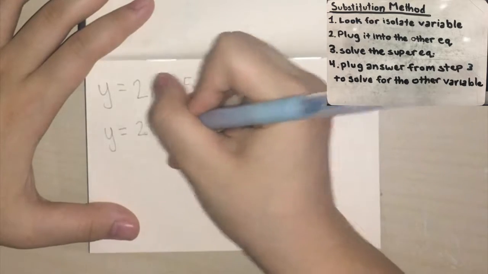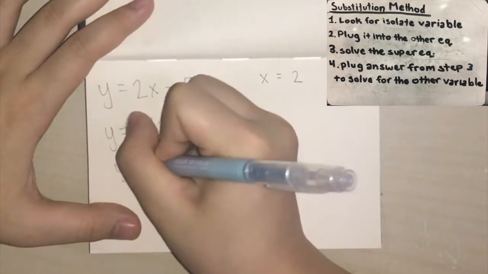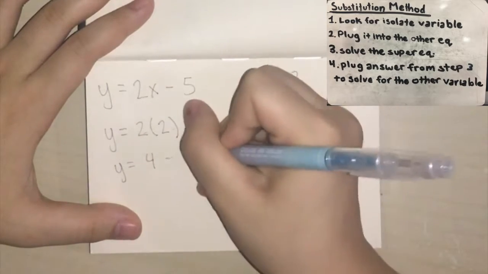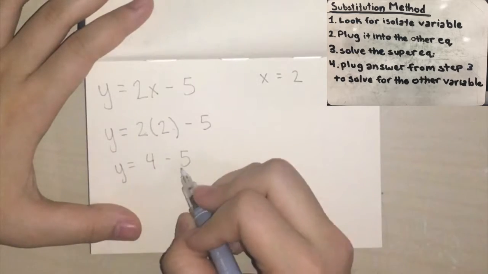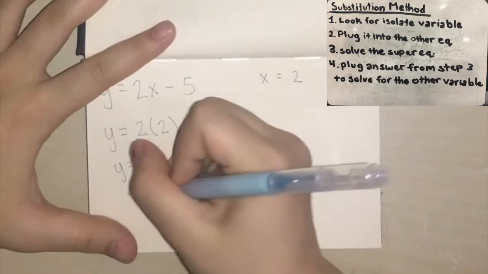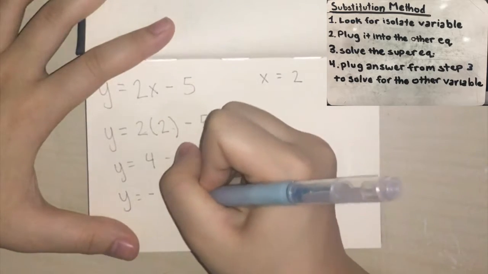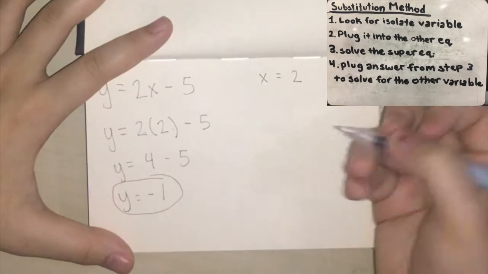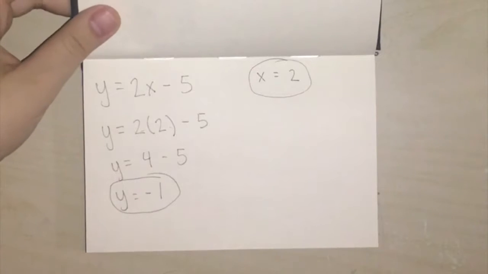We figure out the parentheses first. y equals 4 subtract 5, which is y equals negative 1. That's our answer for y, and this is our answer for x. Done.